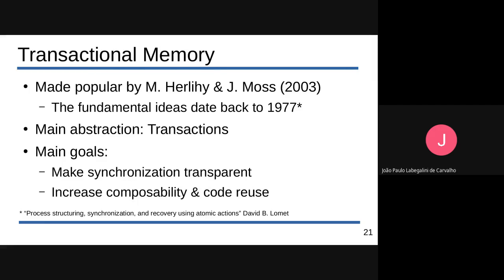The main goals of transactional memory are to make synchronization transparent and increase both code reuse and composability. Transactions work with main abstractions similar to database transactions, where we abstract memory as databases and access them through transactions.